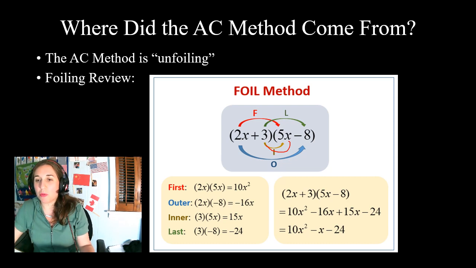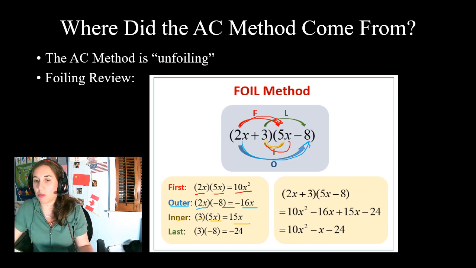So when you multiply out your firsts, that's 2x times 5x, which gave you 10x squared. When you multiplied the outers, that was 2x times negative 8, which gave us negative 16x. When you multiplied the inners, that was 3 times 5x, which gave us 15x.